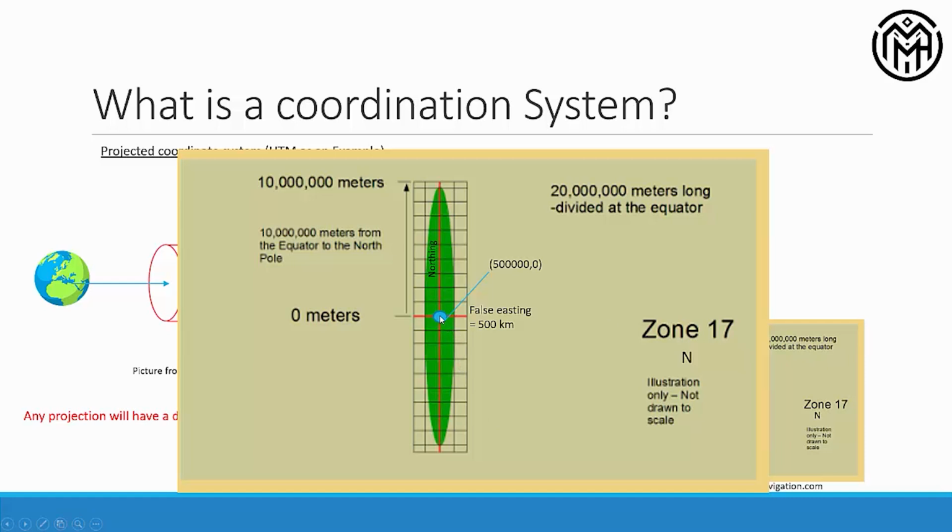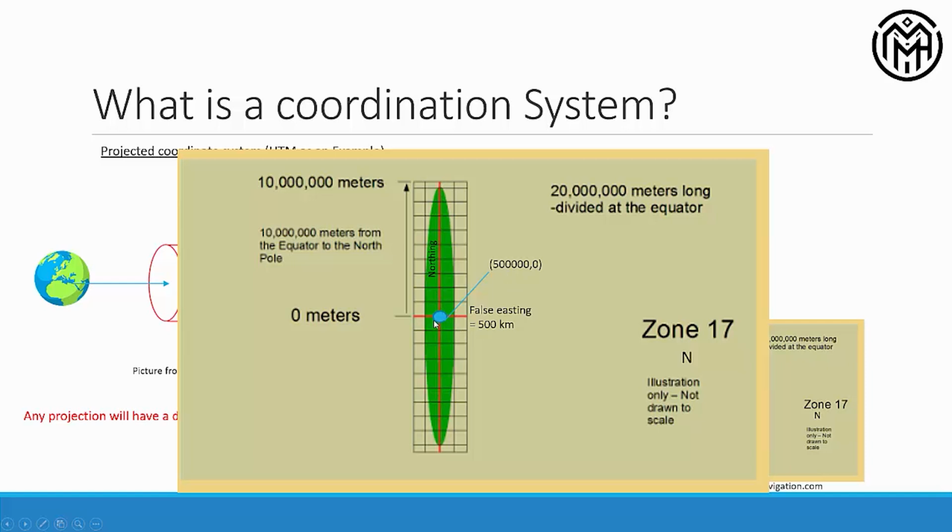Let's imagine you have 0 and 0 here. If you move to the right of the zone, you will get positive values, but if you move to the left, you will get negative values. We want to avoid negative values to make calculations easy and also to avoid any confusion or misunderstanding. So that's why they assume that the origin will start with a false easting of 500 kilometers, and that will assure that any time I move across the x-axis, I will always get positive values.